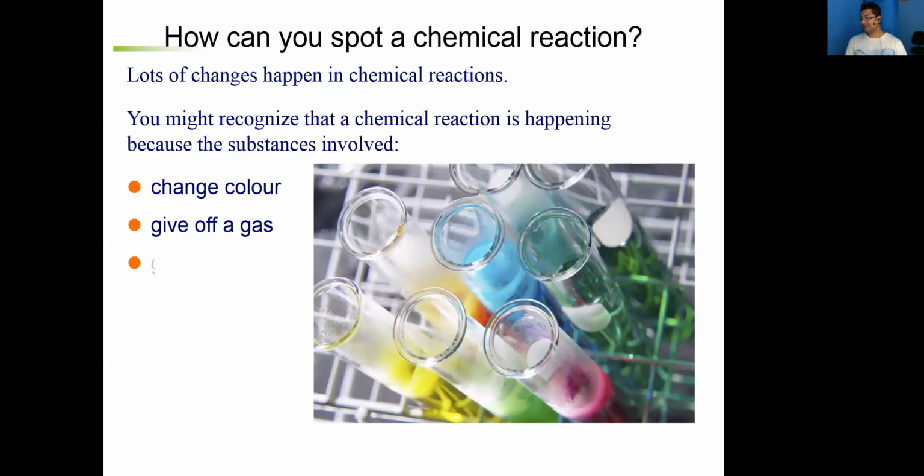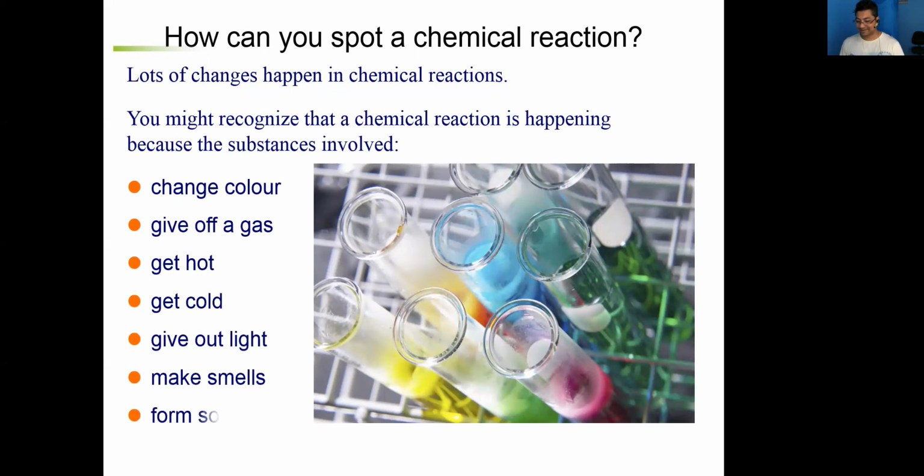How can you identify a chemical reaction? You might recognize this, right? It should have a change of color. It could produce gases that are given off. It could get hot, which means a change of temperature. It could also get cold. It could produce light, which we see during chemical reactions in fireworks.